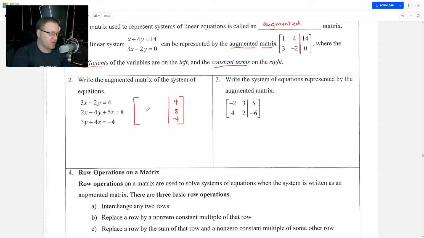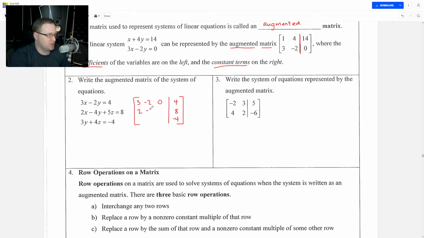And over here on this side, be careful, sometimes there are variables missing. For example, here we don't have a z, so our z coefficient is going to be 0. So we're going to have 3, -2, 0. Then this one we have 2, -4, 5.